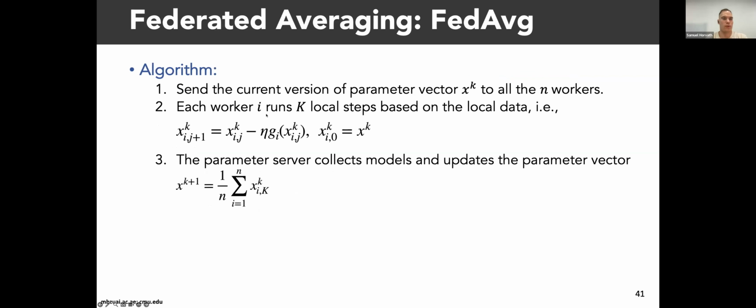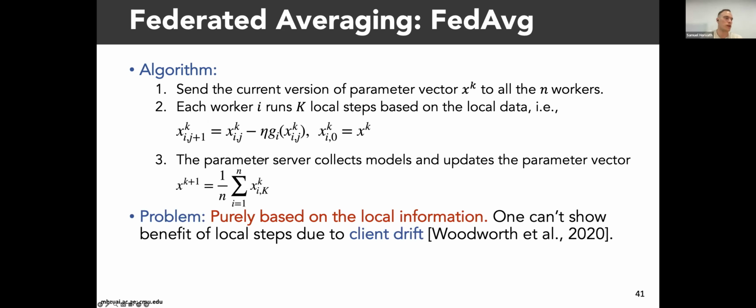Now, each worker performs several steps, meaning this is a parameter of the algorithm. Here it is k steps of local stochastic gradient descent. After k steps, they collect the solution, and maybe the difference between the xk and the current new solution is sent to the server. And then the server just performs a simple averaging.